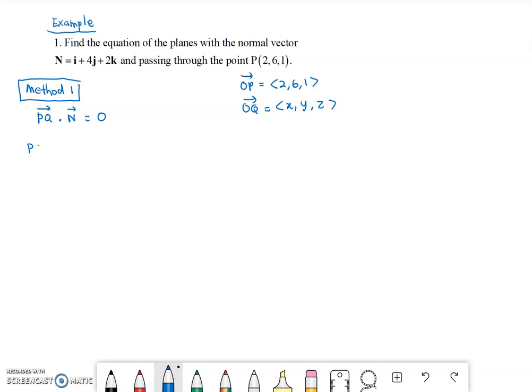So from here we can have our PQ, which is equal to OQ minus OP. So PQ is x minus 2, y minus 6, and z minus 1.